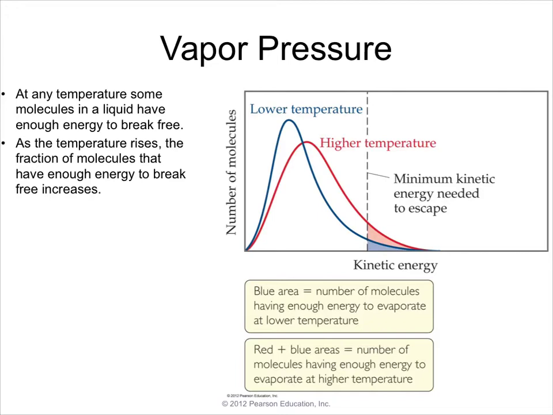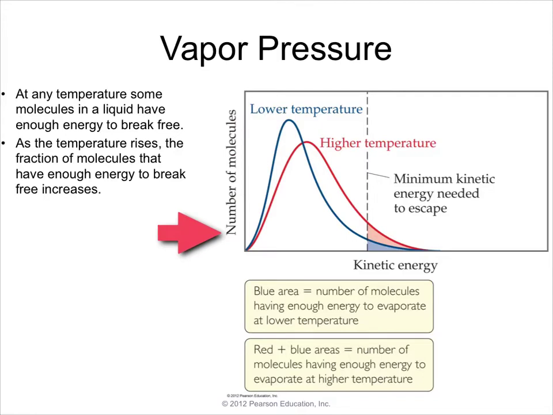So if we're looking specifically at our graph here, number of molecules compared to kinetic energy. Let's follow our blue trend, at the lower temperature. I see here that at a lower kinetic energy, I have a higher number of molecules. But let's say that I raise the temperature.